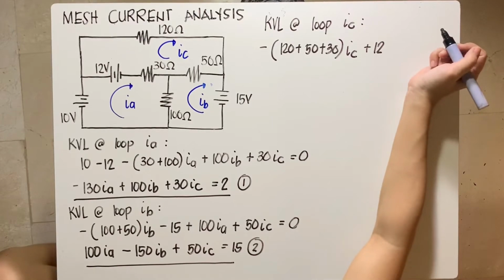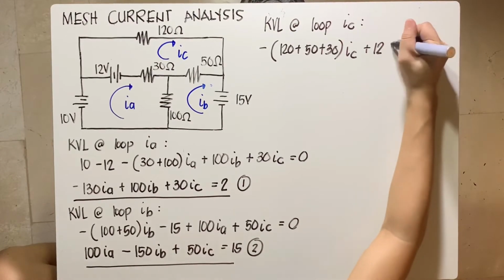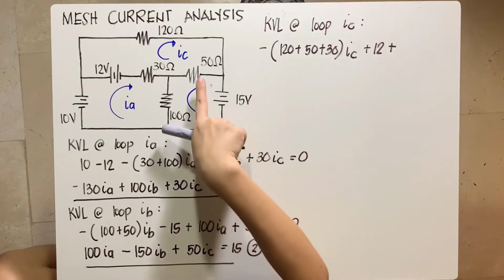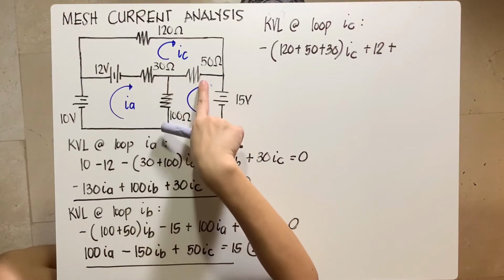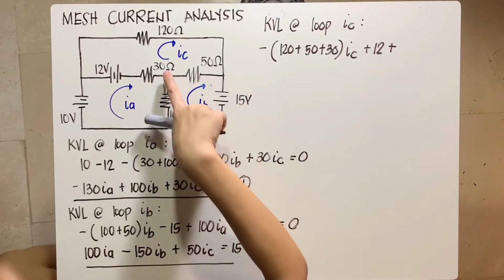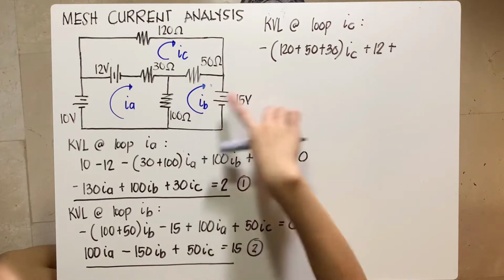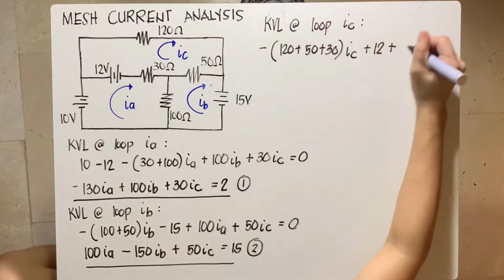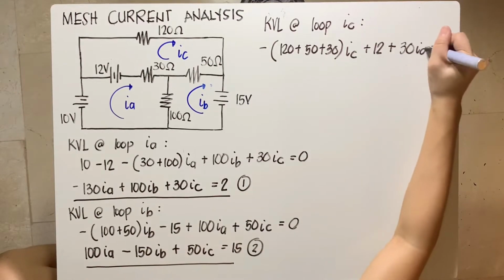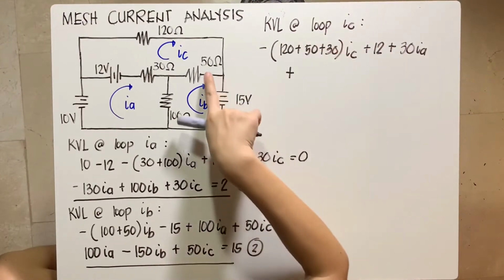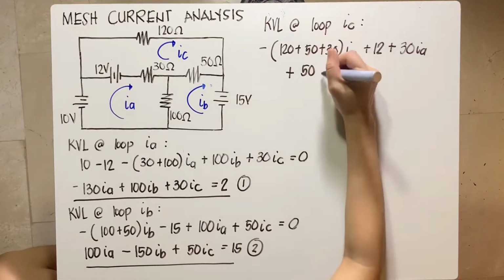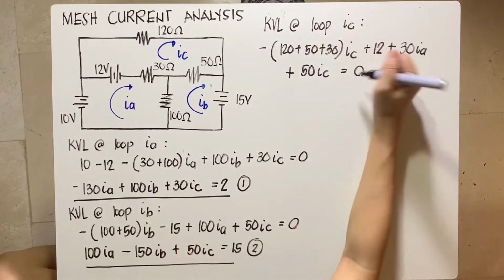After that, what's next? Next are the mesh current effects. I have two resistors affected by other mesh currents: 30 ohms because of IA and 50 ohms affected by IB. So I have an additional 30 times IA plus 50 times IB. Then equate that to 0.